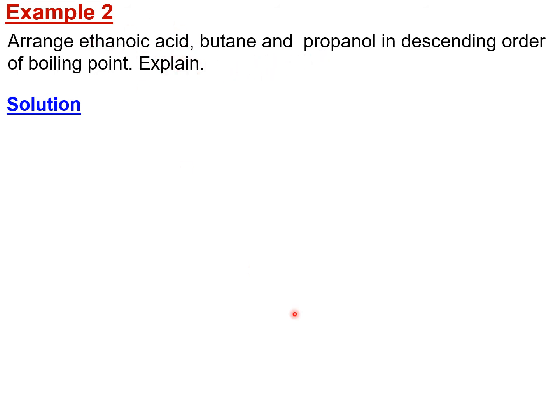Kita ada kat sini carboxylic acid, okay, and we have alkane dekat butane. Lepas tu kita ada alcohol. Okay, kita tahu carboxylic acid dia ada stronger types of intermolecular forces, which is ada stronger hydrogen bond, just because of dia boleh buat hydrogen bond through dimerization.